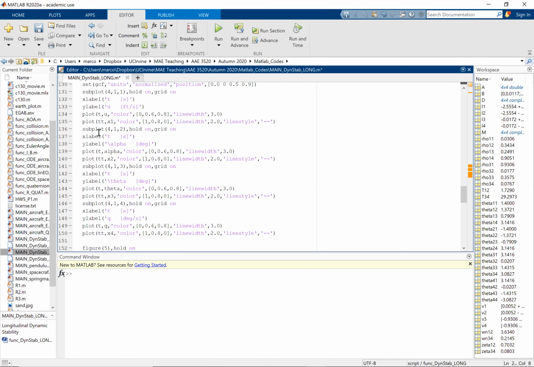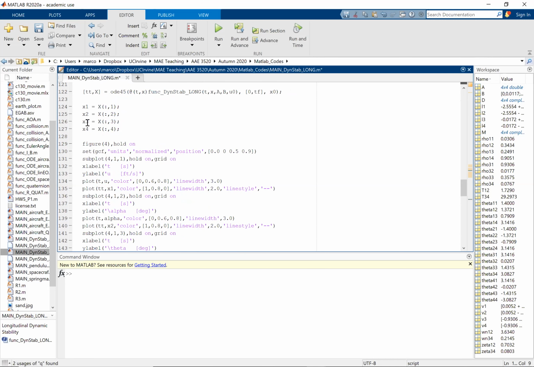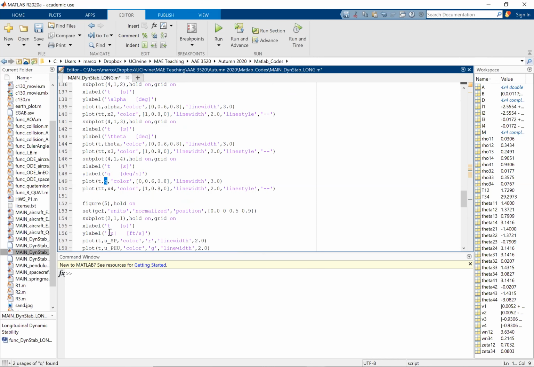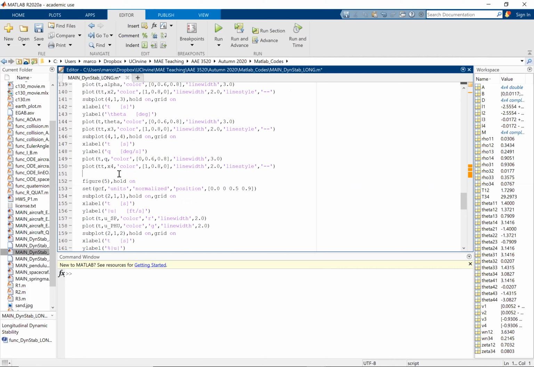is going to plot the states solved analytically and named with U, alpha, theta, and Q, and numerically with X1, X2, X3, and X4. And then well, let's just see that first.